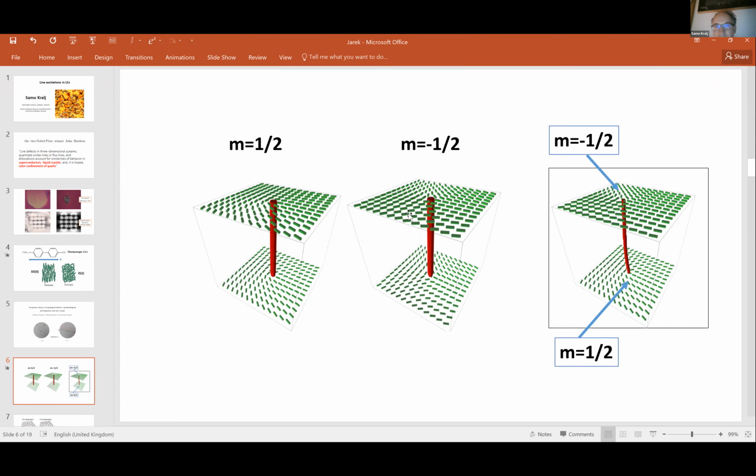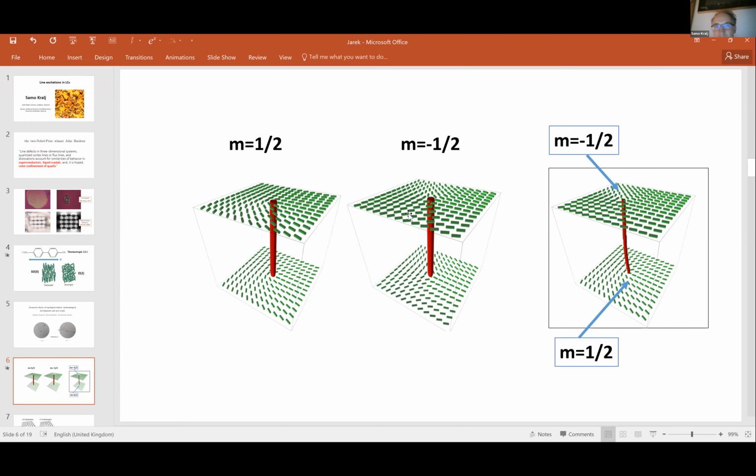You start from the 1/2 configuration, and then you just rotate around this axis, and you gradually get to +1/2. So in 3D, 1/2, -1/2, and +1/2 are topologically equivalent. You can go from one to another.